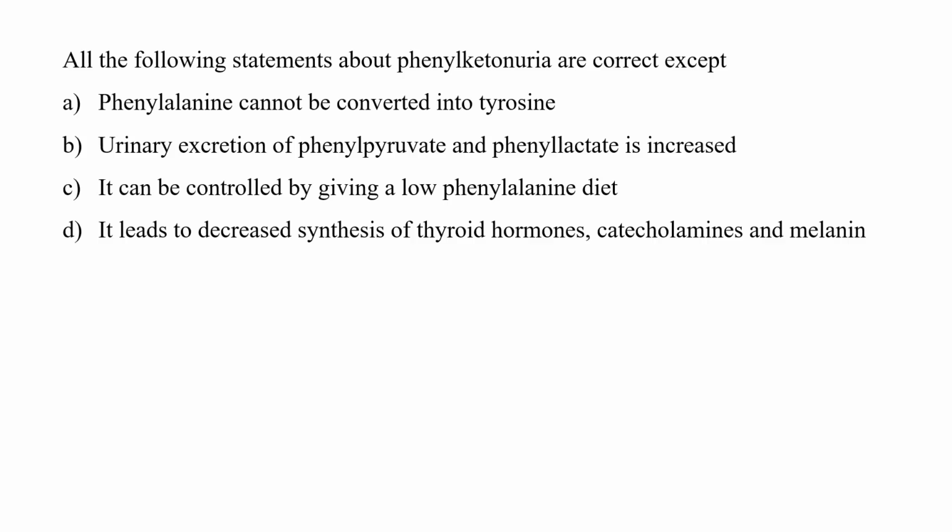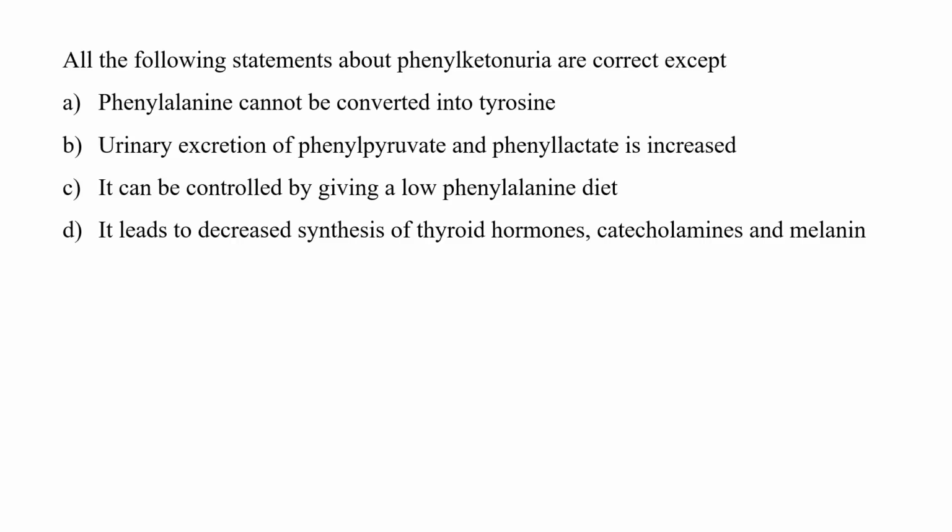All the following statements about phenylketonuria are correct except. Basically, the person suffering from phenylketonuria has a deficiency of phenylalanine hydroxylase. This enzyme is required for the synthesis of tyrosine from phenylalanine. So option A is correct, that phenylalanine cannot be converted into tyrosine in phenylketonuria.